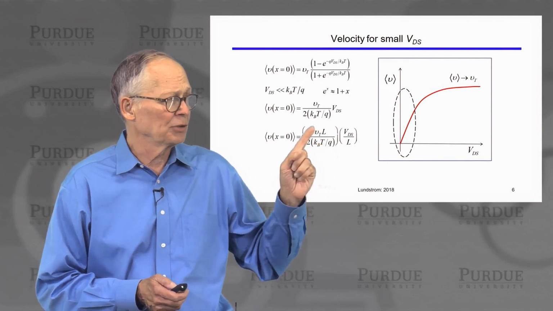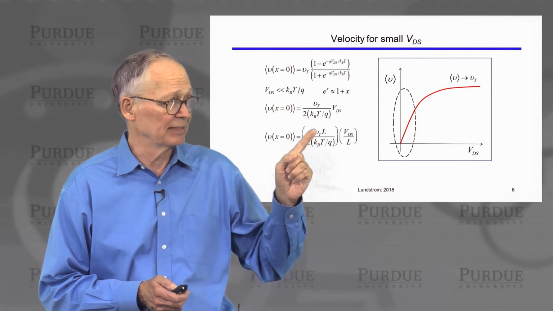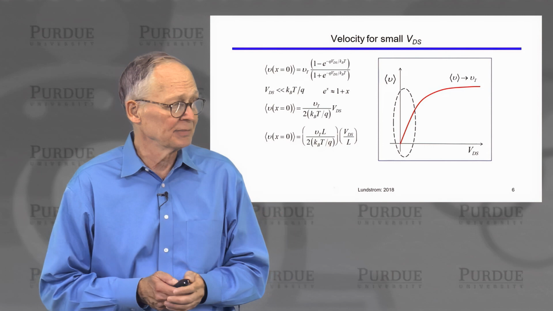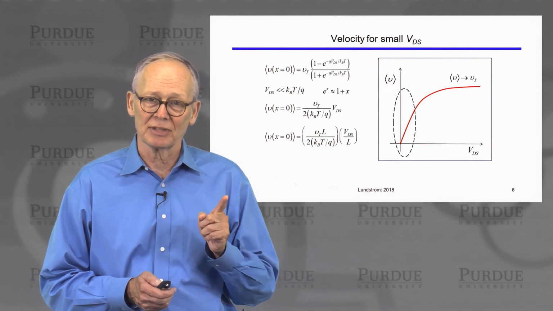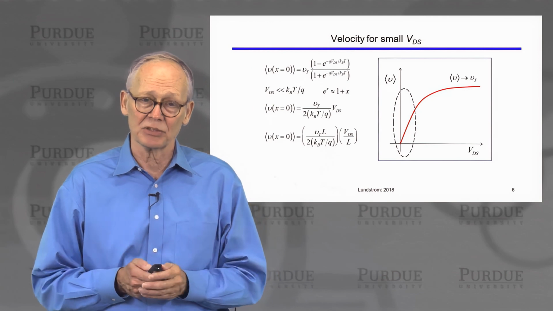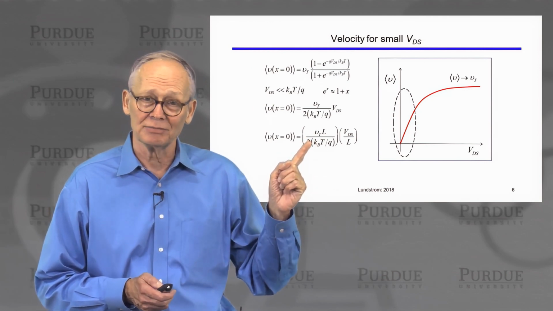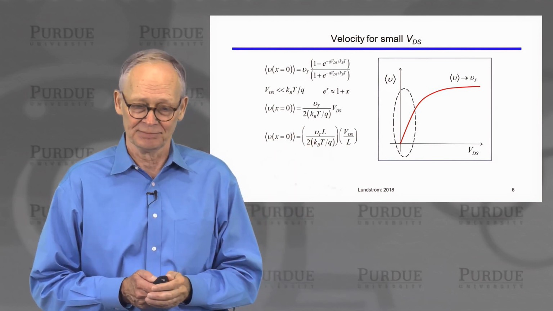Well, let me multiply by length in these constants out front, and let me then divide by length, so I've done nothing. Now, I can recognize drain voltage divided by length is the electric field in the channel. And I should be able to recognize this quantity too. You should be able to see that this is our friend, the ballistic mobility.